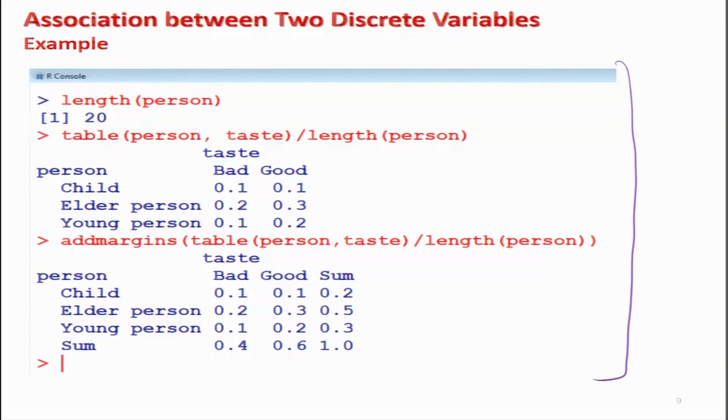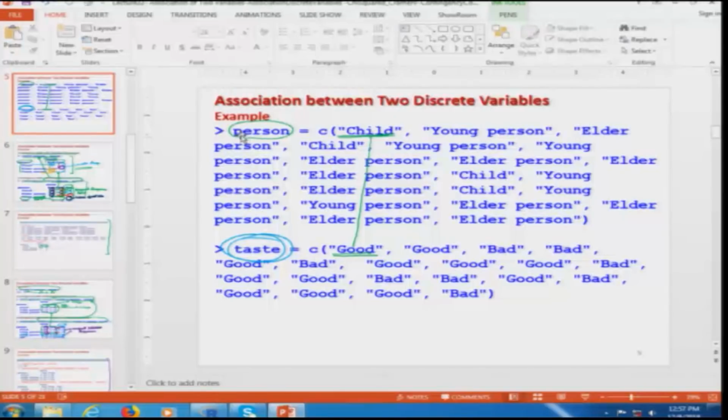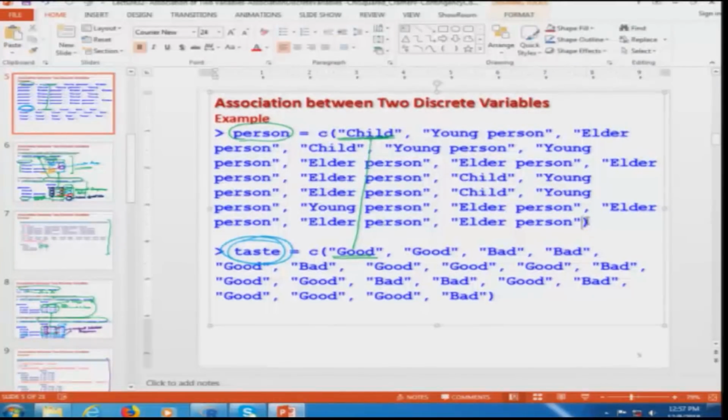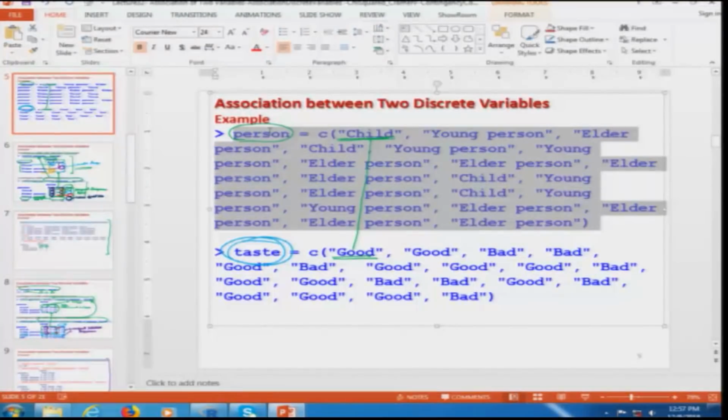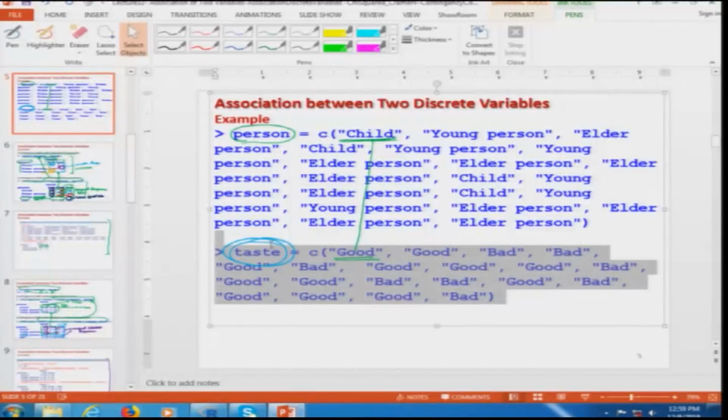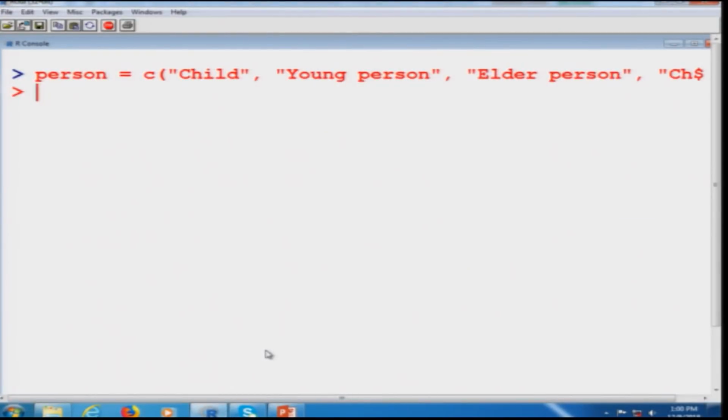Now, before going further, let me show you all these operations on the R console. I will take the same example and enter the same data set, and I will obtain the contingency tables with respect to the absolute frequencies as well as the relative frequencies. First, I create these two data vectors on the R console, and similarly I create this data vector taste.